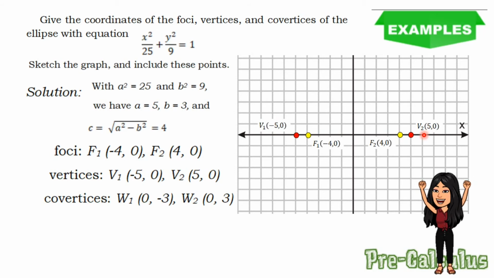And for our co-vertices, we will be having 3 units upward and 3 units downward, or 3 units on the positive and the negative side. So therefore, after having these points, we can now plot our ellipse. And it looks like this one. This is the graph of our ellipse for our example number 1.